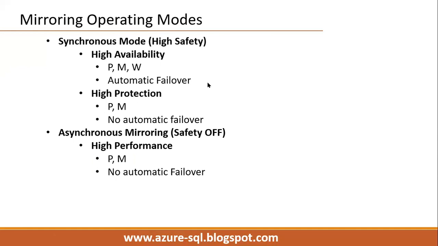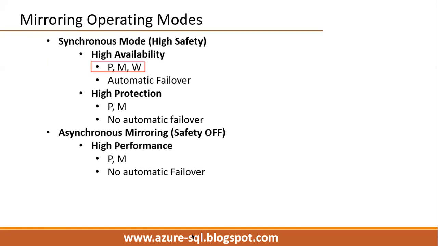Remember, always in real time we make our mirroring setup with three servers: principal, mirror, and witness. So that if the principal is down, automatically the mirror becomes principal and users can continue their transactions.